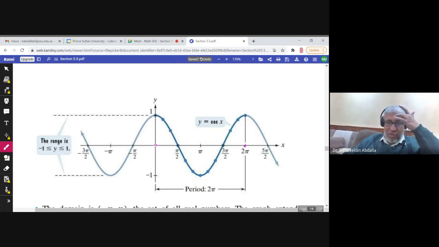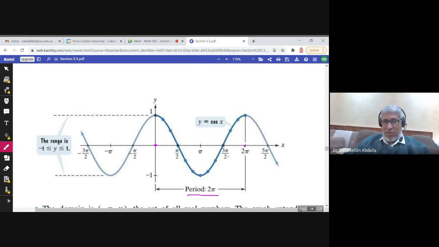Why? Because cosine 0 is 1. It is not like sine. Sine 0 is 0. So sine starts from here, but cosine at 0 is 1. So also cosine 2 pi is 1. So this is the graph of cosine inside the period, the first period, which is 2 pi.